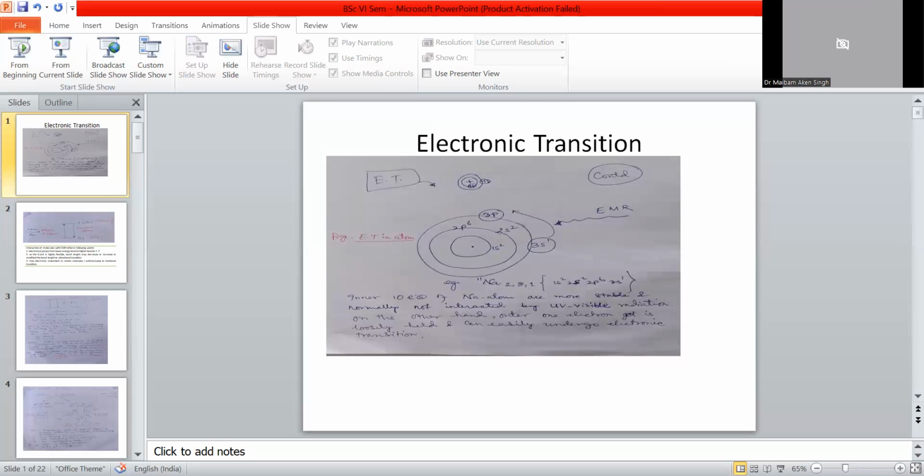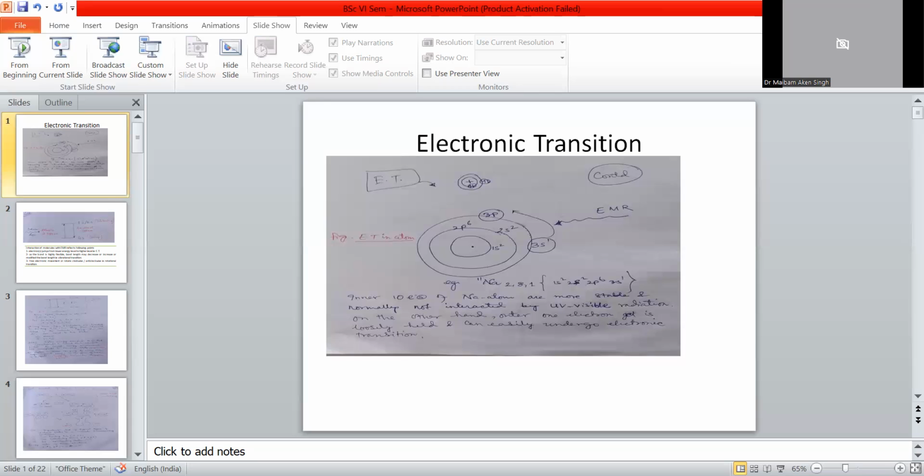And how the sigma bond forms: by head-on overlap, while pi bond forms by lateral overlap. In the same environment, signs are positive with positive and negative with negative; in a different environment they differ.